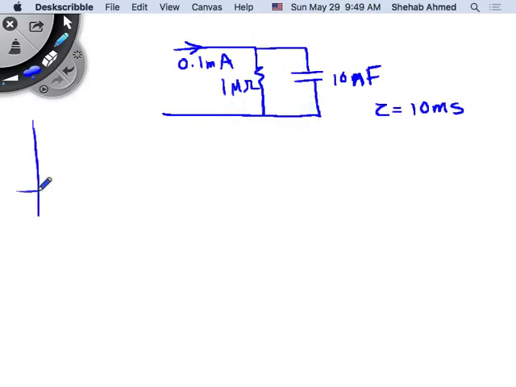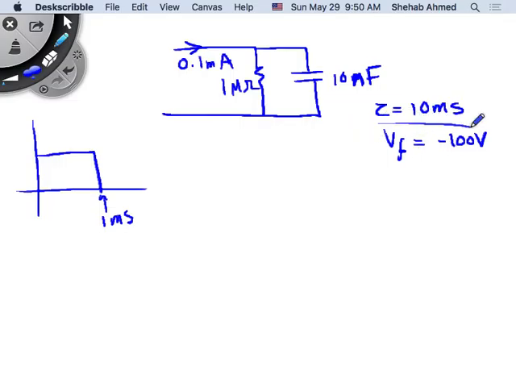My input pulse was only up to 1 millisecond, and my V final across the capacitor is minus 100 volts. This is at steady state, after 10 milliseconds, so we never reach that. We're going to reach something else, and we have to find the time domain equation for it.